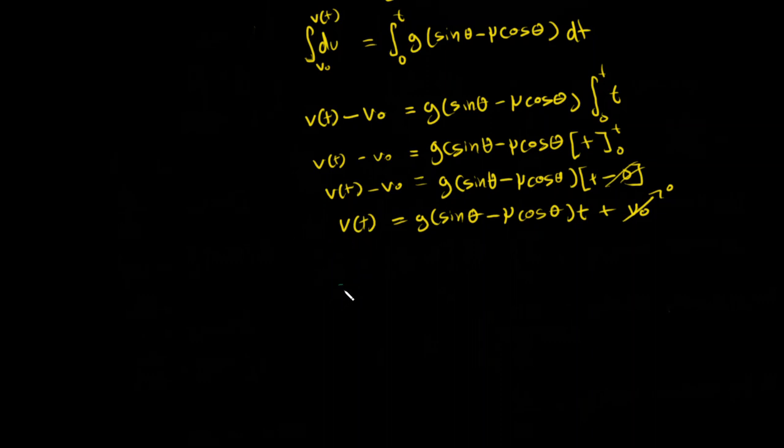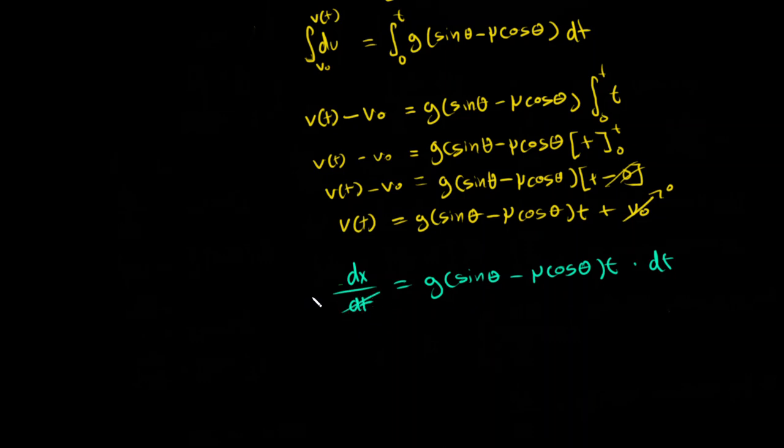Let's rewrite v of t as dx over dt. So dx over dt is equal to g sine theta minus coefficient of friction times cosine theta, times t, and then times dt, right? All right, so far we've got this.